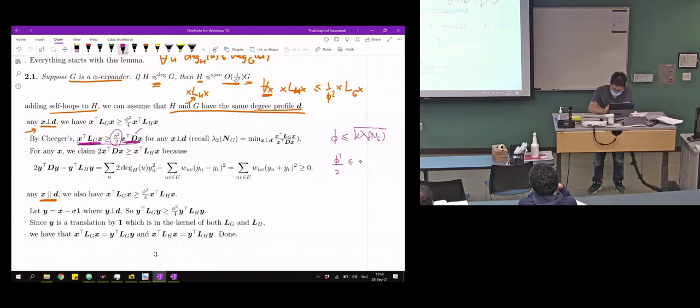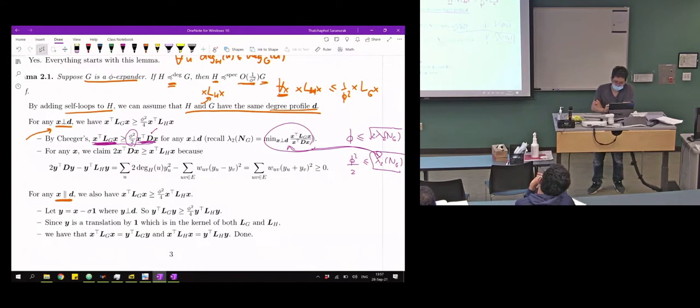And so phi square is less than this. And then this thing is nothing but this term. So now you just plug this into this inequality, and then you get this inequality. All right. Good.